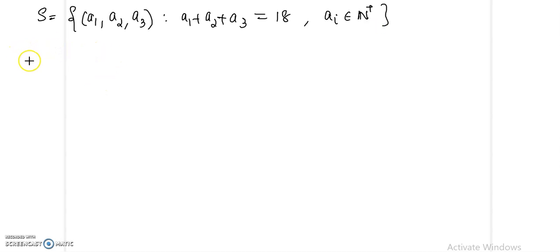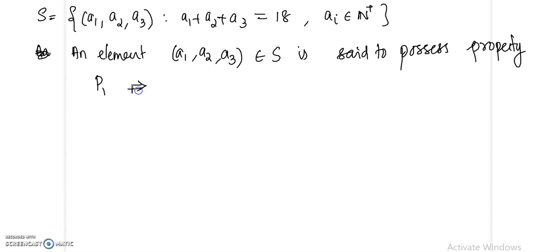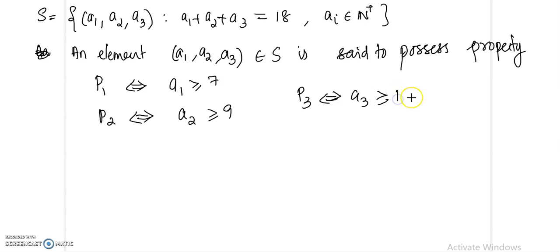Now an element a1, a2, a3 belonging to S is said to possess property P1 if and only if a1 is greater than or equal to 7, P2 if a2 is greater than or equal to 9, and P3 if and only if a3 is greater than or equal to 11.